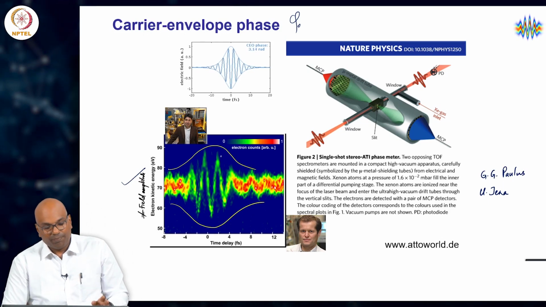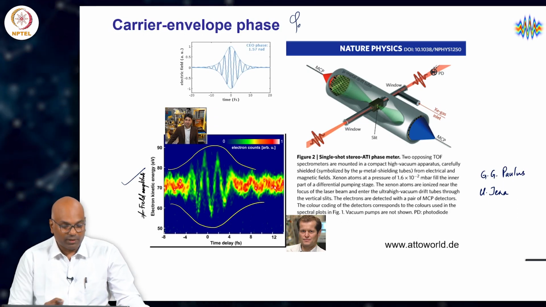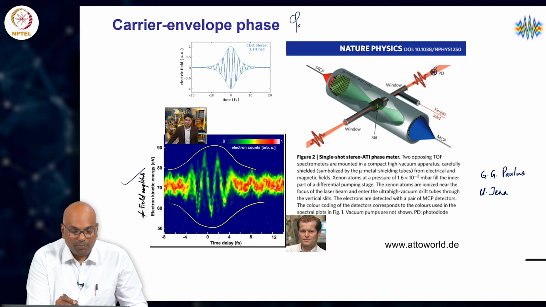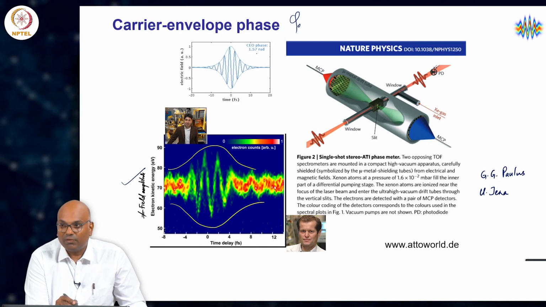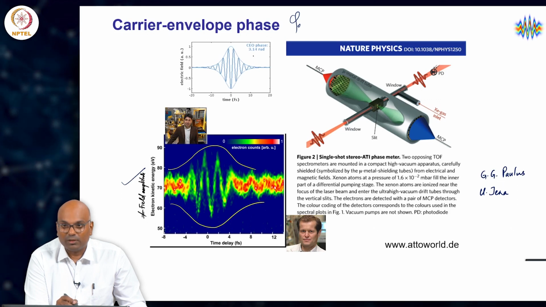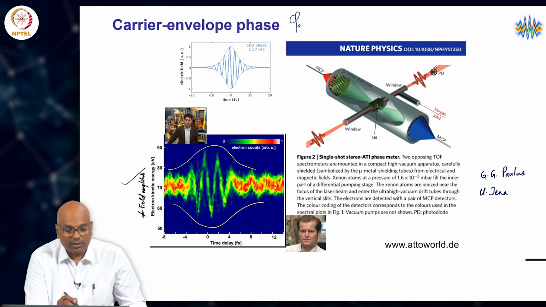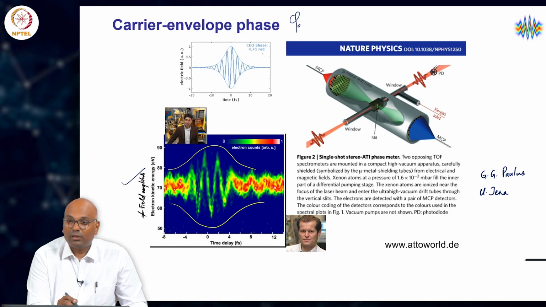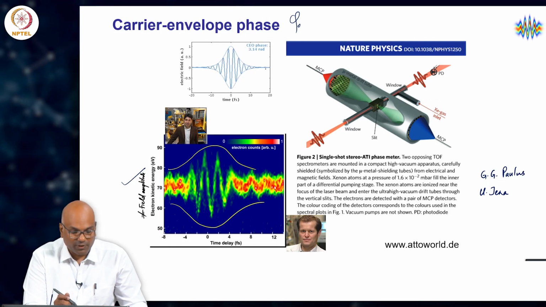This is one of the big successes of attosecond physics, but there is a technique which somebody invented to essentially map out and read out the phase, read out the CE phase or phi naught for each of these reliable and repeatable pulses that a laser can emit with controlled phi naughts or controlled CE phase. Okay.